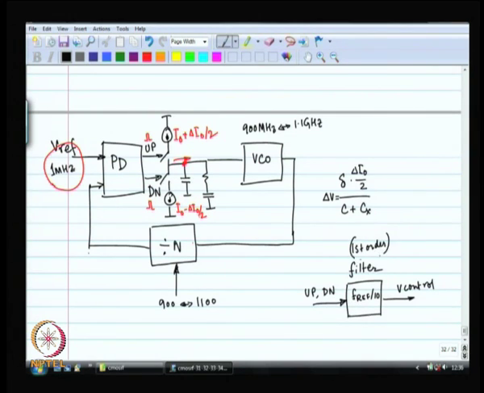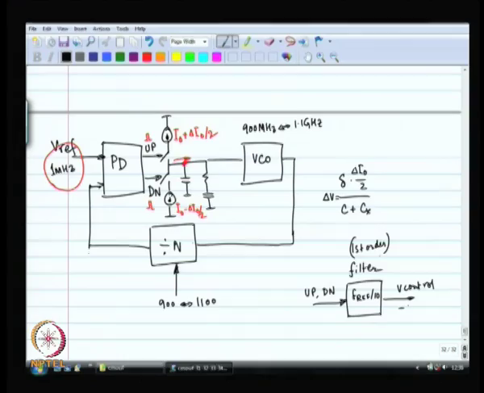Let us say you have got a first order system over here, bandwidth of the filter is f ref by 10. In that case, if my input is at f ref, and its harmonics, right. Then your output will have rejection of minus 20 dB, 20 dB per decade.